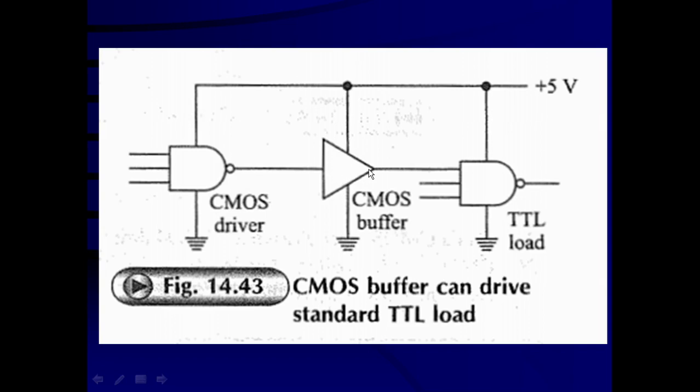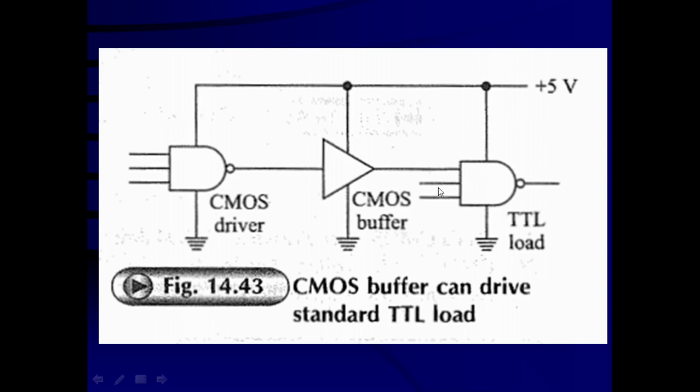The output of the CMOS buffer is also 0 because it is a non-inverting buffer. So when the output is low, this CMOS buffer has more current capacity: IOL maximum is equal to 3.6 milliamperes. And when the output of the CMOS buffer is high, it can source a maximum of 800 microamperes to the TTL load.